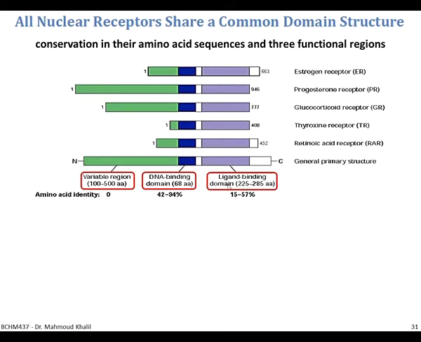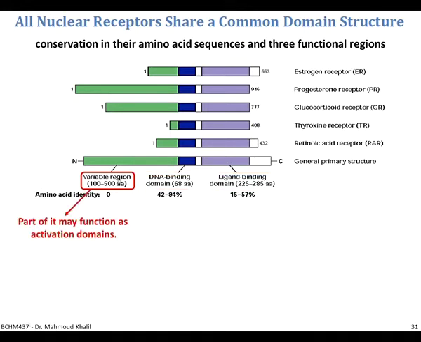Basically the DNA binding domain, the blue one, helps this receptor to bind to DNA, while the ligand binding domain, that means the amino acid sequence of that region, helps the receptor to bind to its ligand, to its hormone. And the variable region has a different function, and it is variable among the receptors.